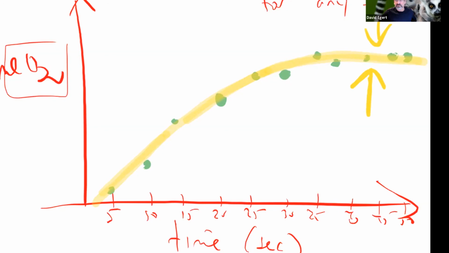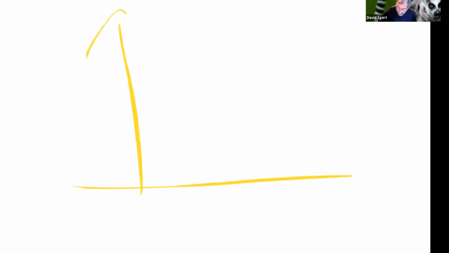Enzyme saturation. That is not, this is where people get confused. This has nothing to do with enzyme saturation, because for enzyme saturation, you have to look at another graph that looks superficially similar.